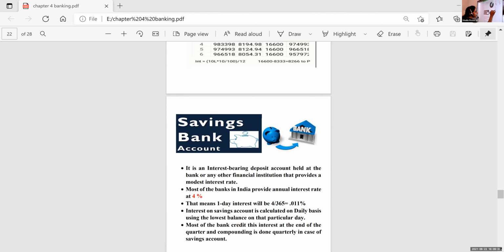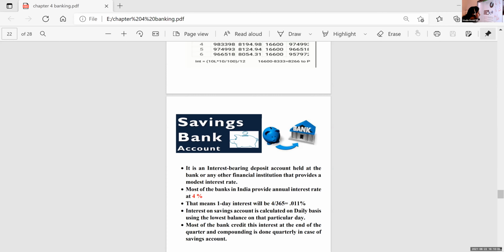Monthly, 1/12. So daily is 1/365. We have 365 days in a year. So to calculate the interest for 1 day, 4% into 1/365.